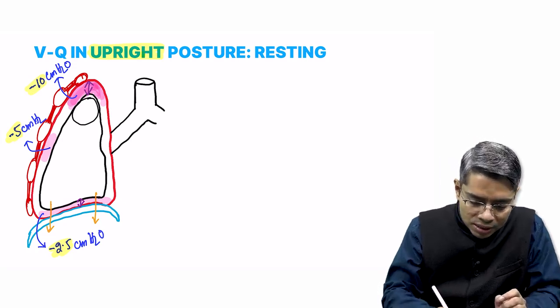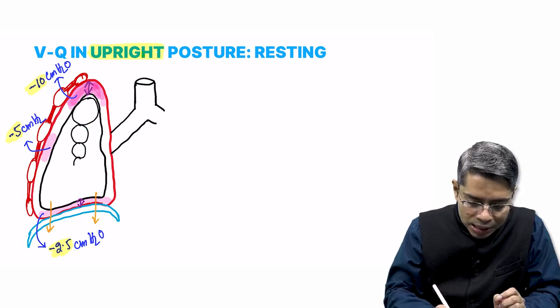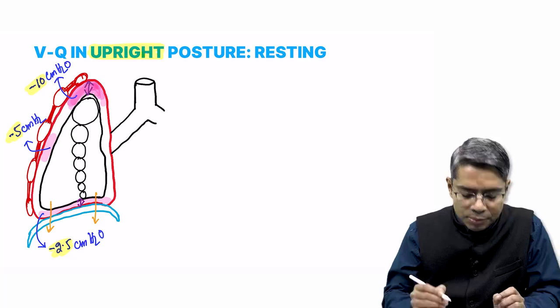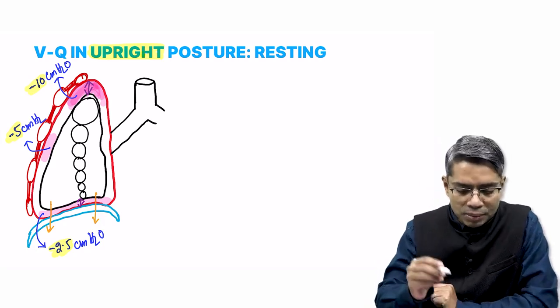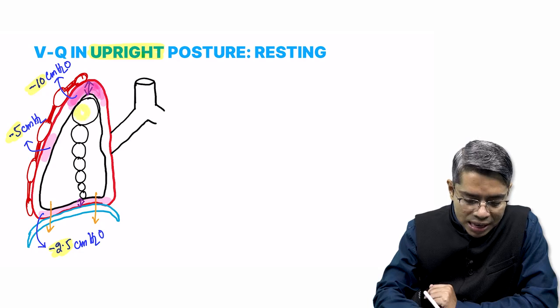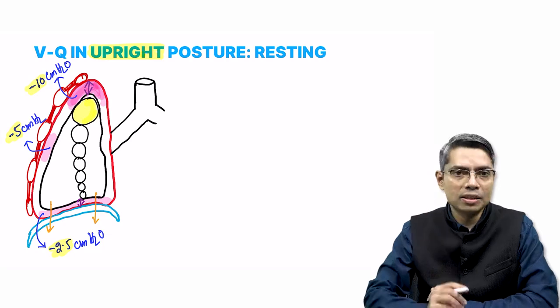That's why if you look at the size of the alveoli from apex towards the base, you are going to get smaller and smaller size alveoli towards the basal region. So from this, one important concept you have learned: the largest size alveoli you are going to see in which part of the lung? The apical region of the lung.